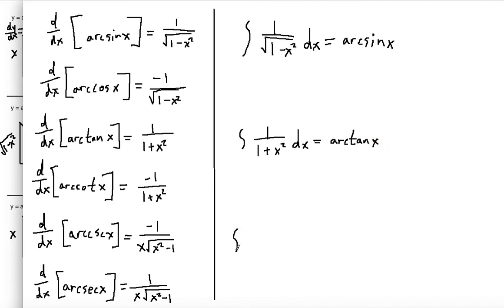And when we want to take the integral of something that looks like 1 over x times the square root of x squared minus 1, our answer will look like an inverse secant.